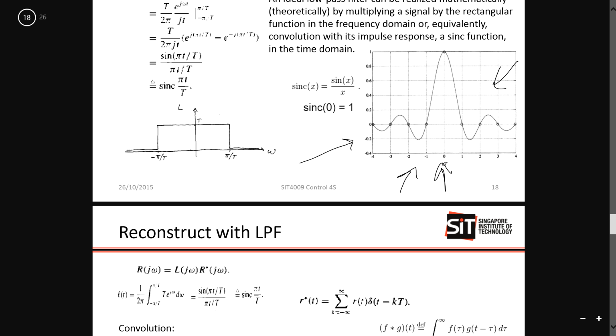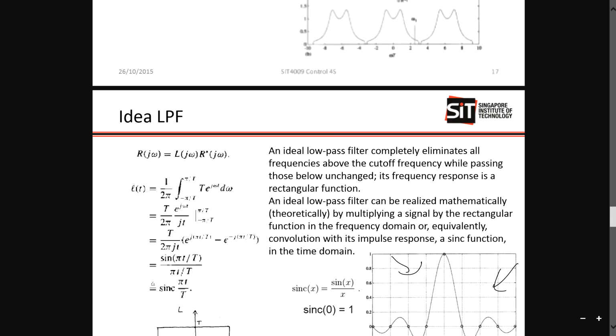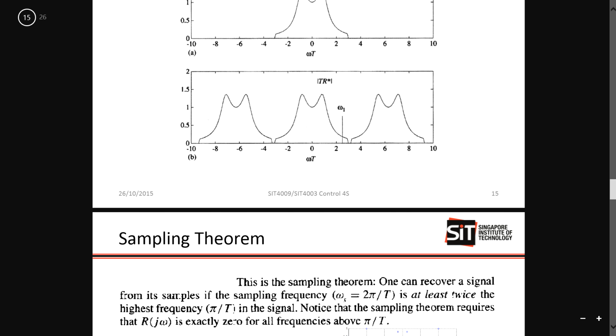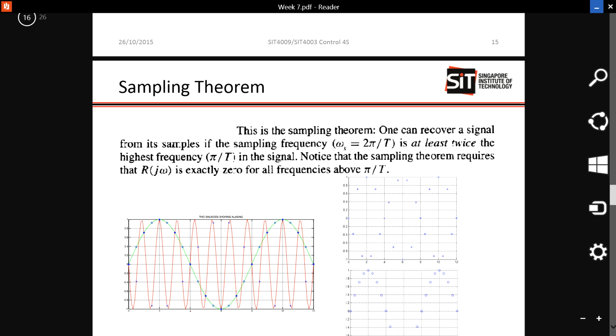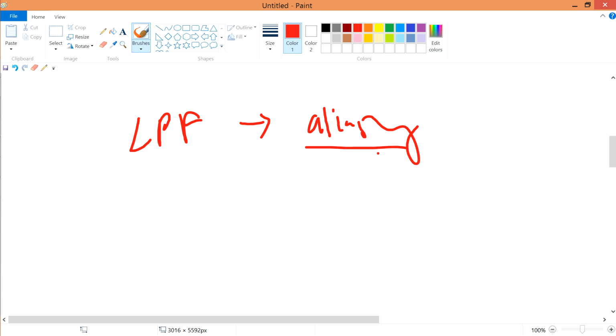If it's not the same, then what is all this about? But at the end, the take home is that the low pass filter can actually help in aliasing.